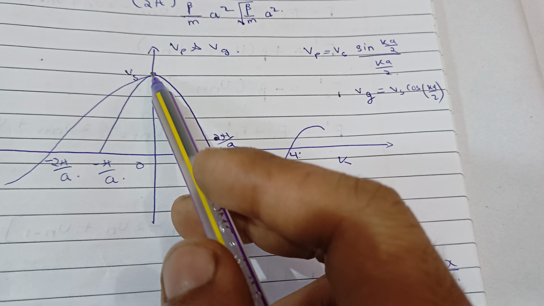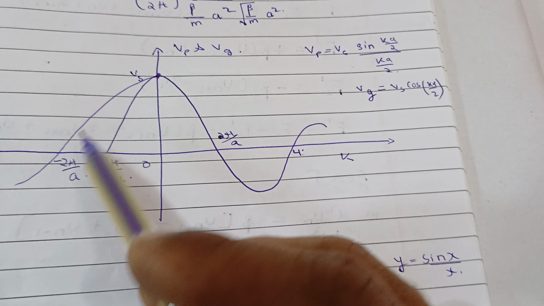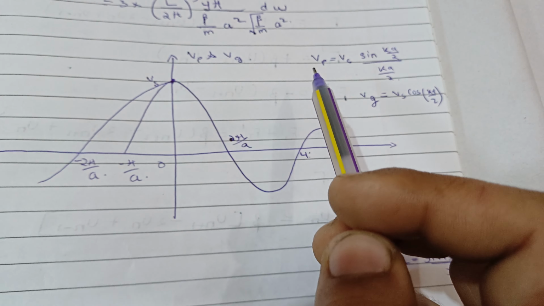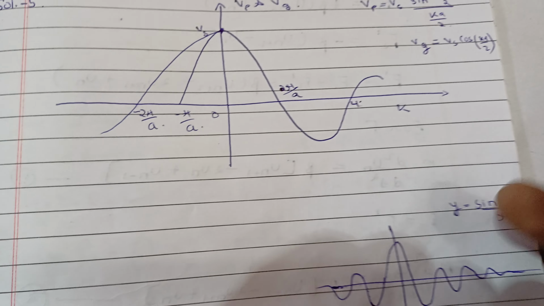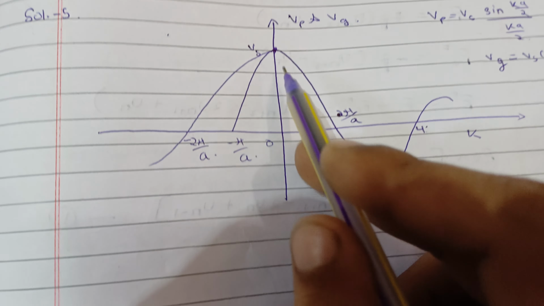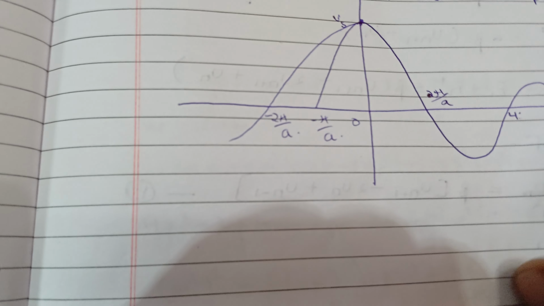So we find the Vg curve will be like this. We get this type of curve between minus 2 pi by a and 2 pi by a for Vg and Vp. You can see in this graph that at 0 they come together, but as we go farther, they separate.